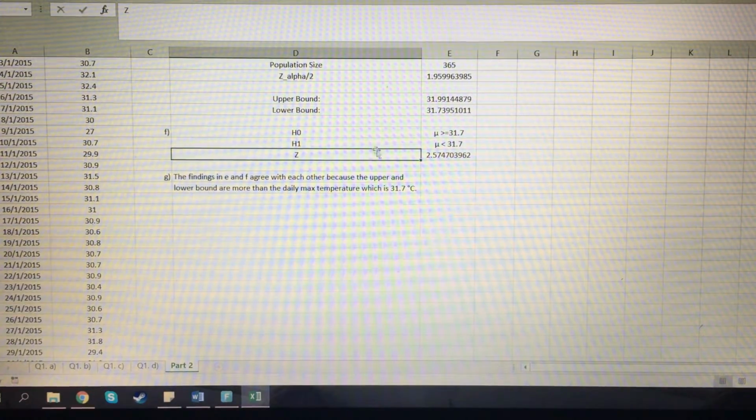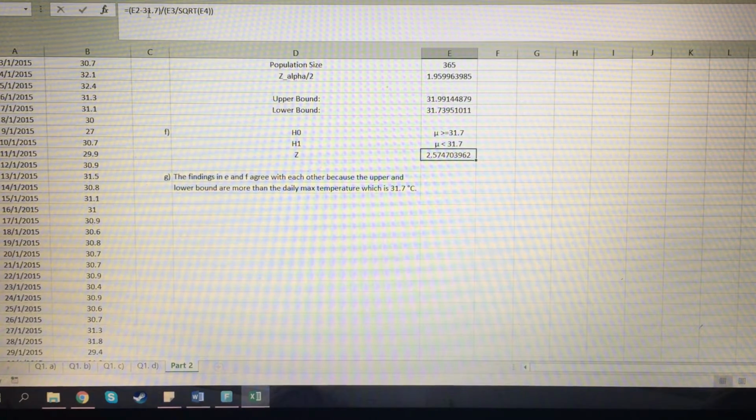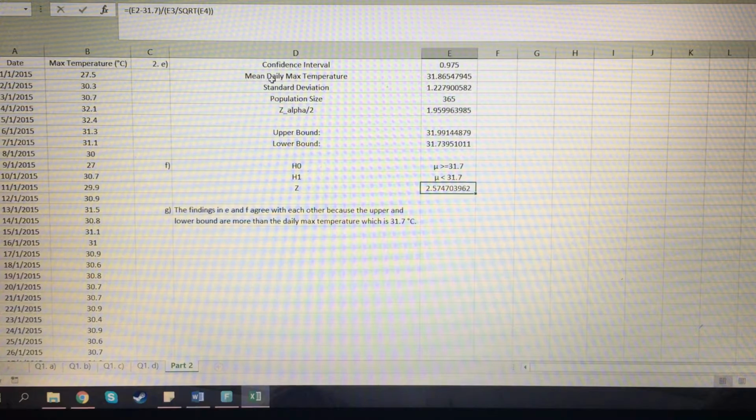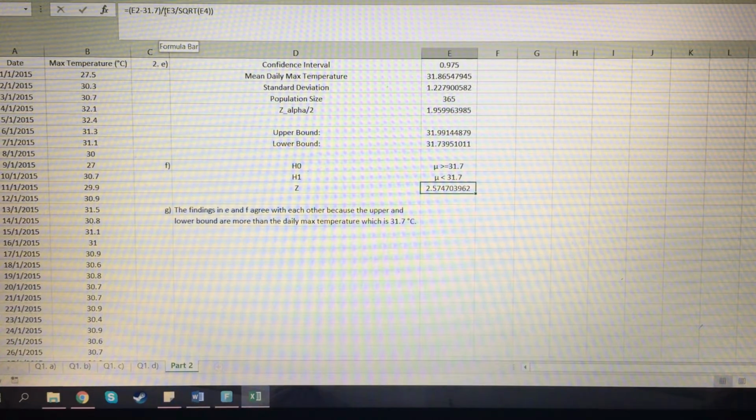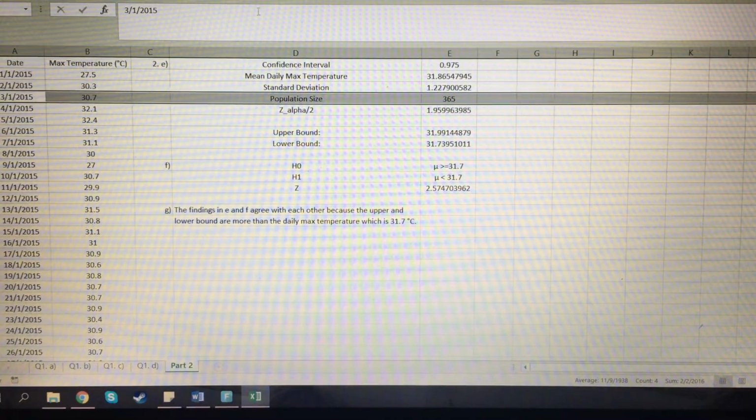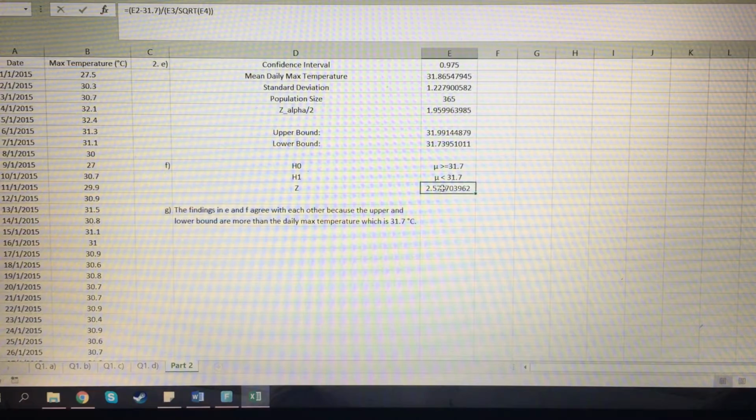And then the Z, to find it, I use the mean daily max temperature minus 31.7 divided by bracket E3, which is standard deviation, over square root bracket E4, which is population size. And then I got my answer for this.